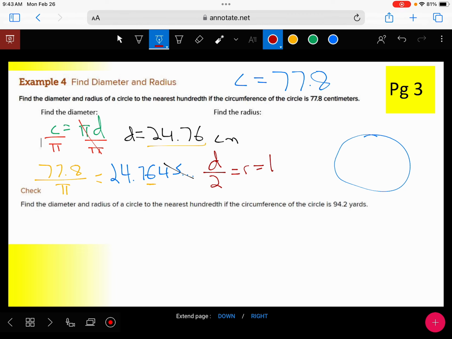Yep, and then just make sure you use your label. So just write it in centimeters. Once you get that number answer, that bald answer, you stop it from being bald, you add your label, you make sure we're talking about centimeters. The answer you should have got is 12.38 centimeters.